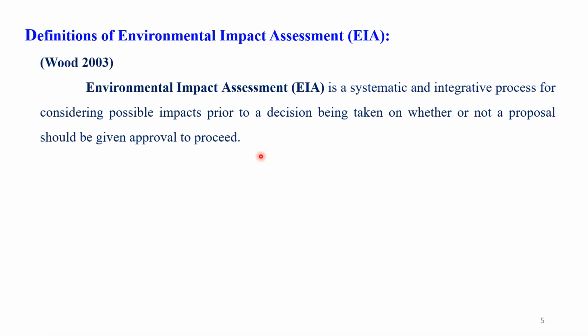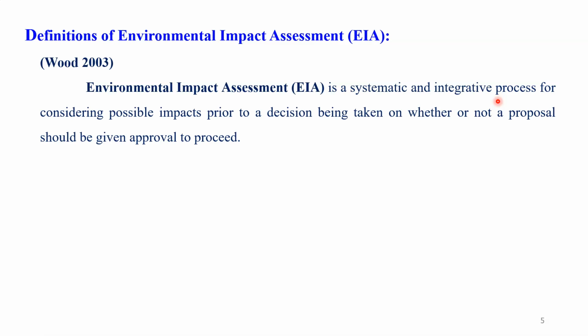Dear student, see some very important keywords of this definition. First is systematic. Systematic means when this process is implemented, there is a sequence. They follow the sequence, and on the basis of this sequence they start the evaluation of the project. Then integrative means that when we carry out this process of environmental impact assessment, we should take into consideration all the factors that are related to each other.